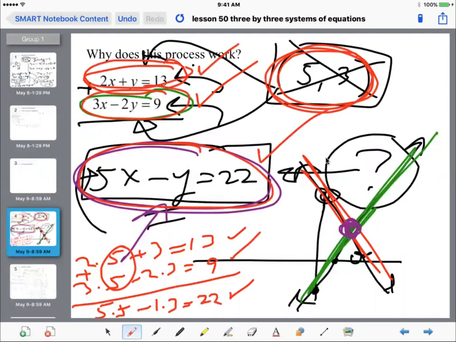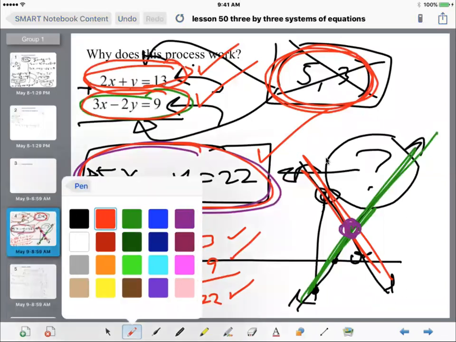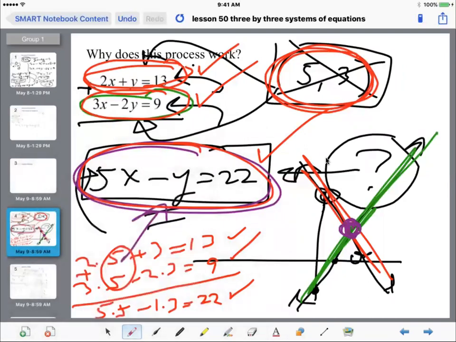We really don't know much else about it because this 5x minus y equals 22 has an infinite number of points on it. But all we really know, if I put 0 in for x, I would end up with something like a point down there. And if I put 0 in for y, something like that.